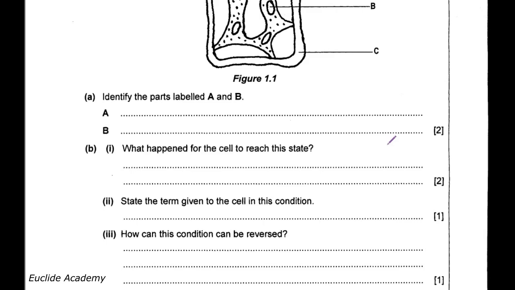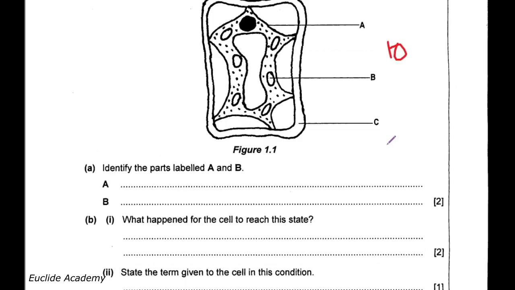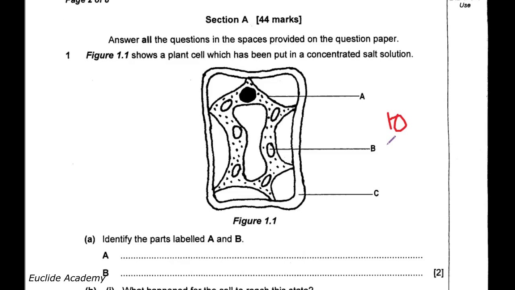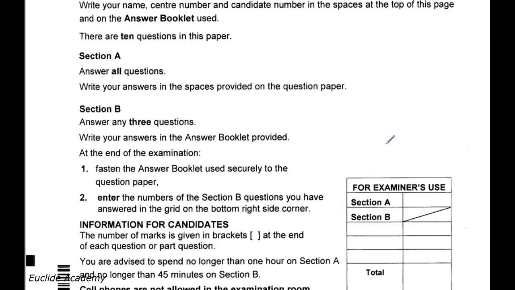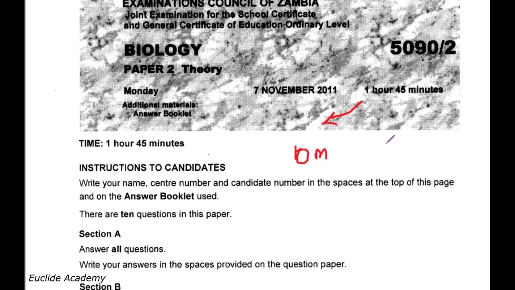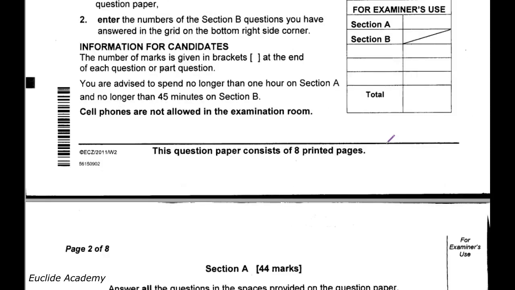If the question is difficult, just skip it, go to the next one, answer that question, and then you've got the 10 minutes which you kept, which you can use to recheck or reattempt that difficult question.